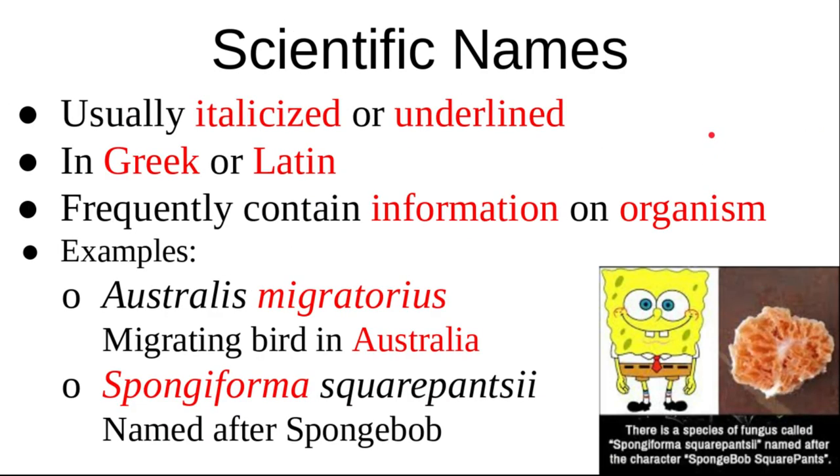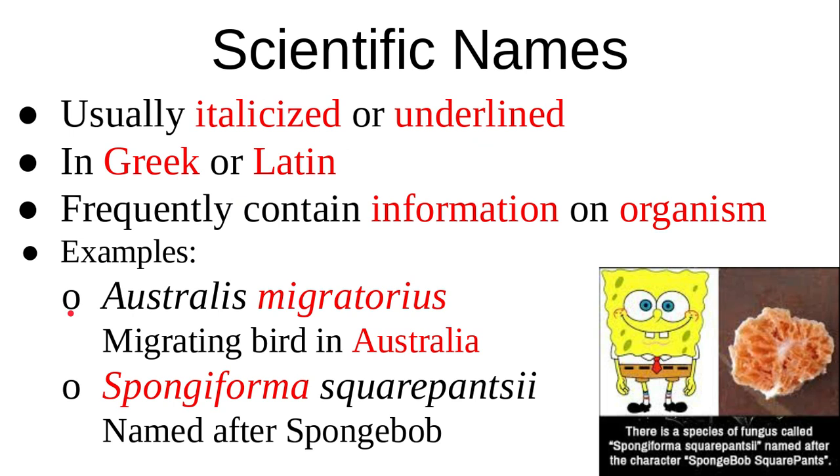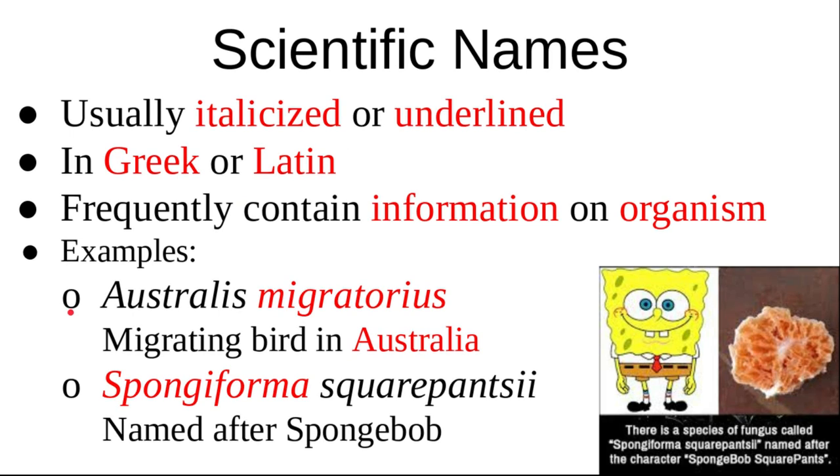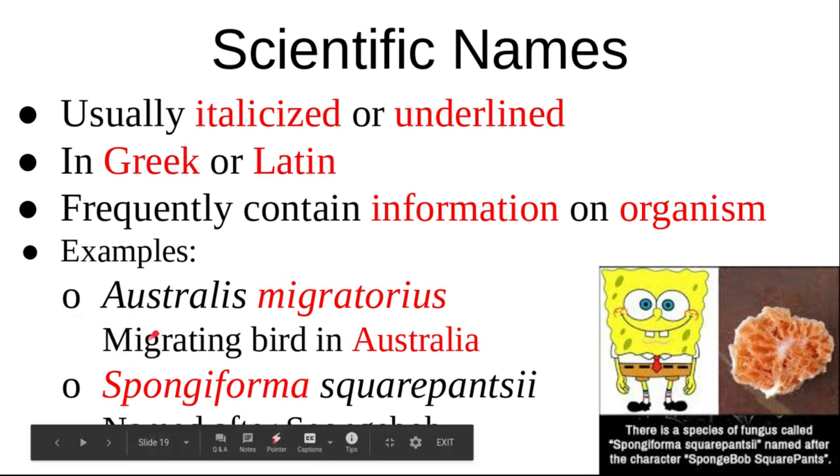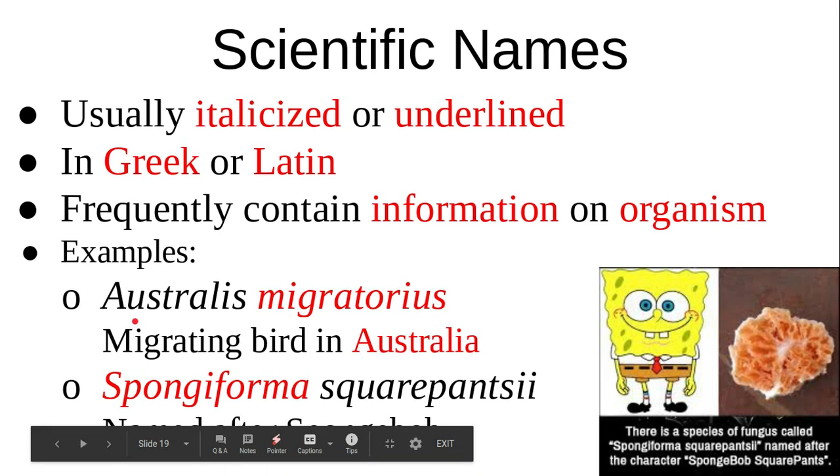That's typical of the binomial nomenclature or two-word naming system. Typically, these names are either italicized when they are typed or underlined when you write them out. Like I said before, they're based on the languages of Greek and Latin, and they frequently tell us something about the organism. So for example, Australius migratorius. This is a bird that migrates in Australia. Scientists are really creative, you guys.